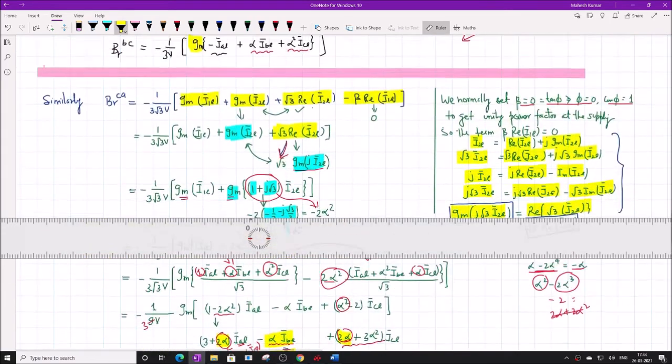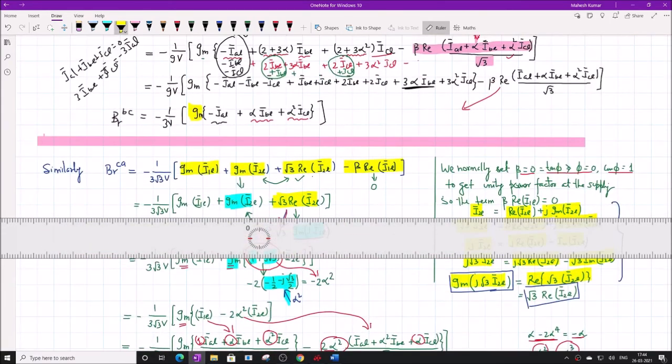If you see B gamma AB here, what is this? Minus 3b is common anyway, don't bother with this. This is imaginary of minus I here, so minus is here, and alpha IBL is here, alpha square ICL is here.